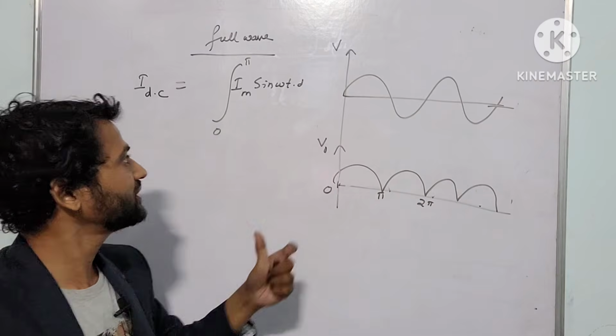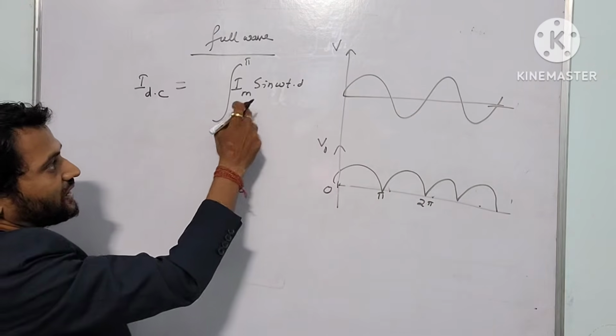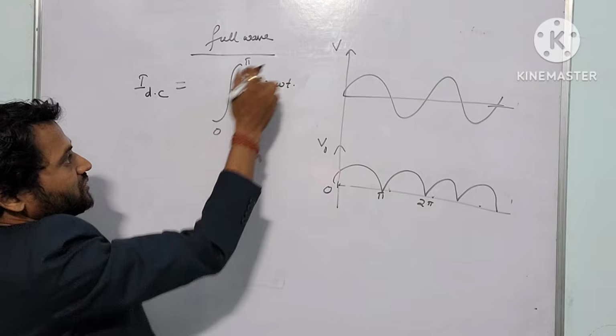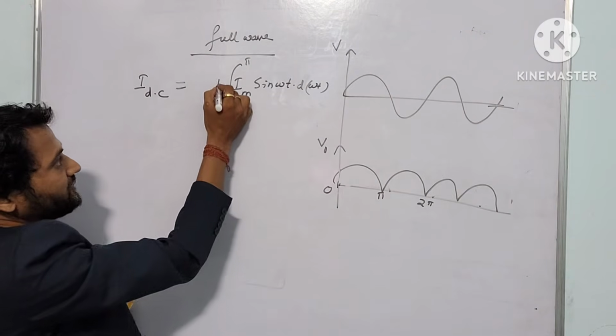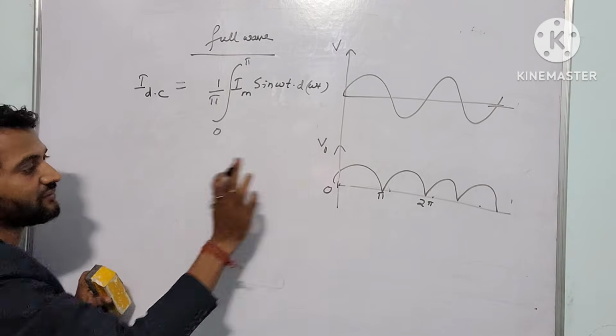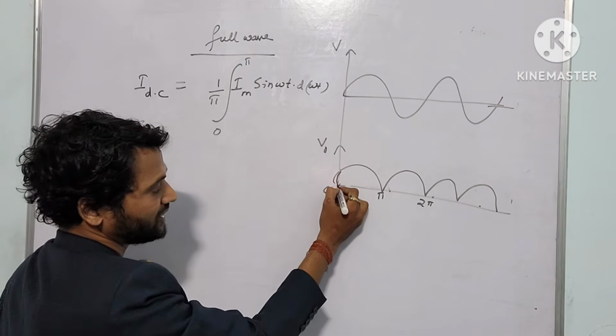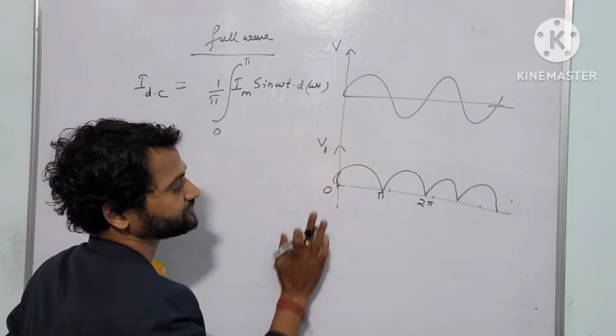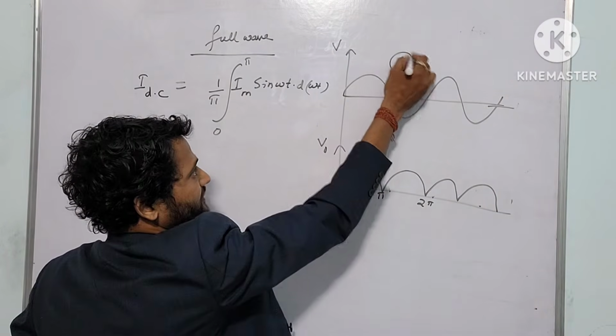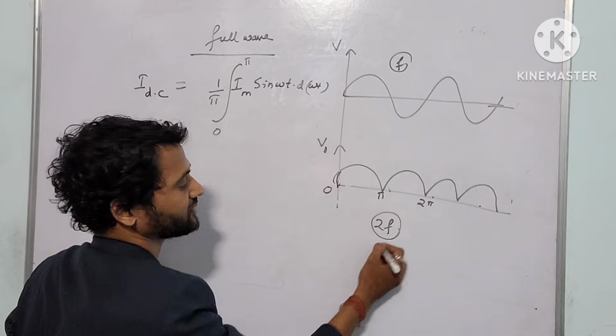So we integrate Im sin omega t from 0 to pi, and divide by pi to get the average value. Why? Because in this case we are getting 2 cycles. If the frequency of the input is f, what is the frequency of the output? 2f.